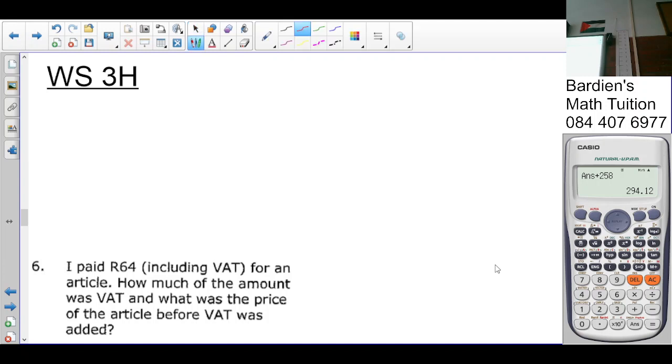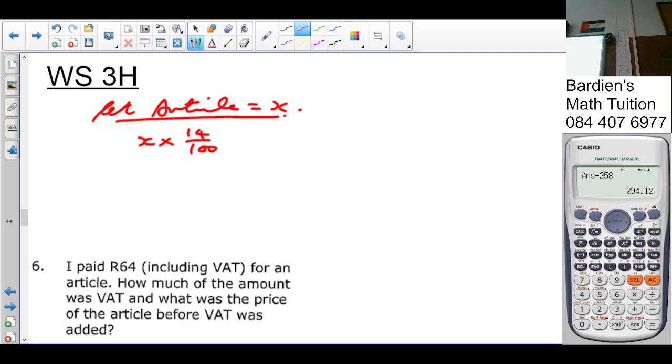So what happens is, let the article be X. What we normally do is, we say X times 14 over 100. Then with that answer we get, we add it to the original amount. But what is the original amount in this case? The original amount of the article. We must let the article be X.